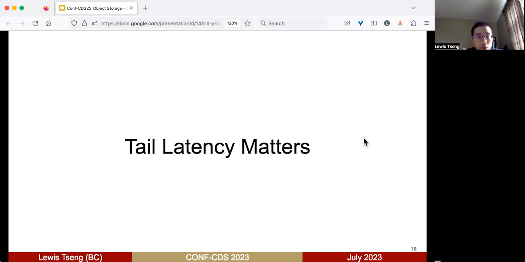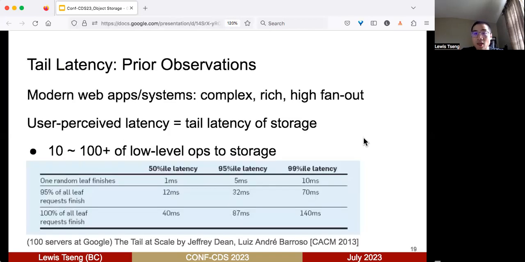What is that? Why do we care about tail latency? The reason, from an observation by Google, is that a modern web application system is very complex and rich, touches tons of different resources, and has high fan-out. One user observation or one web page actually depends on tons and tons of underlying operations to your storage system.